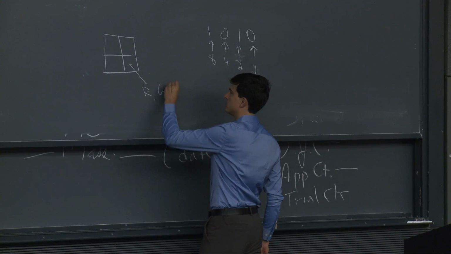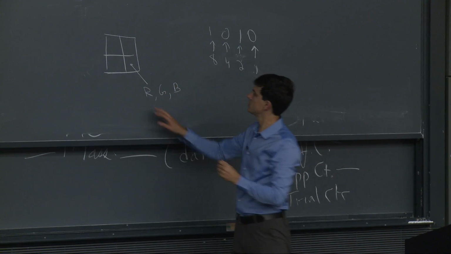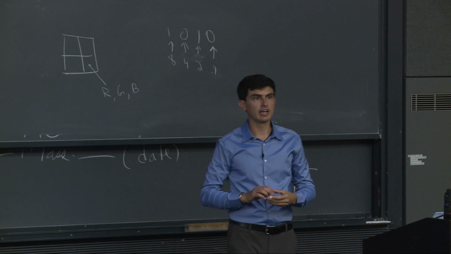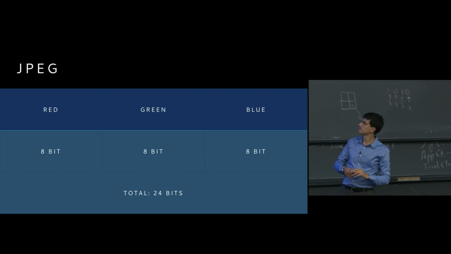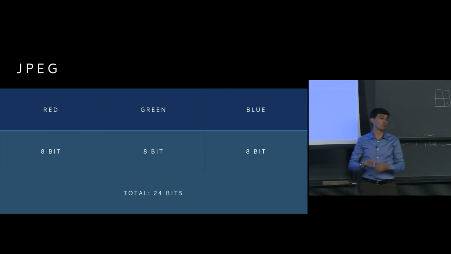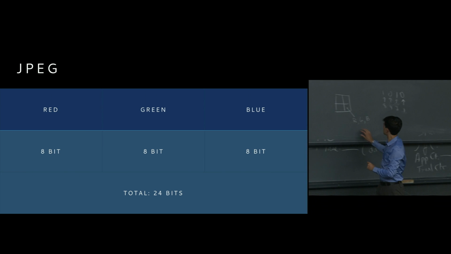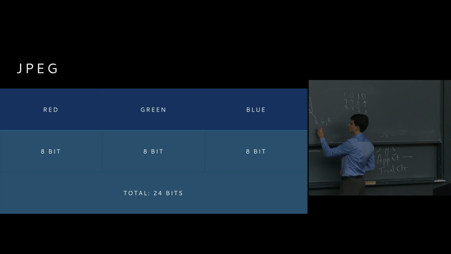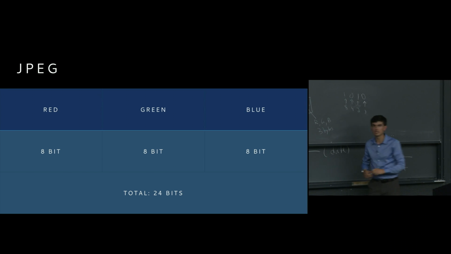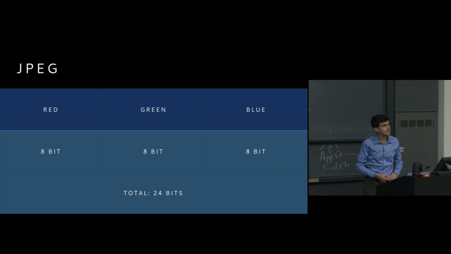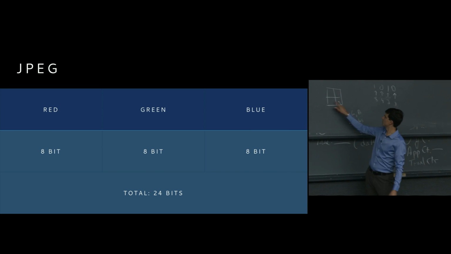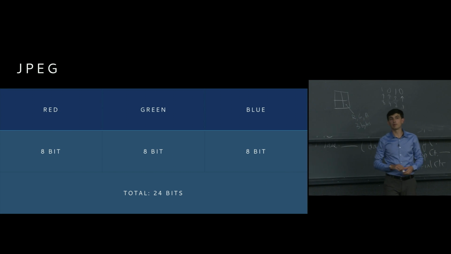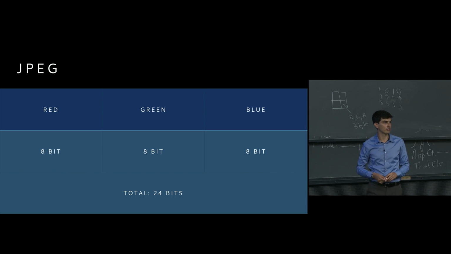And how much does each of these colors have in terms of information? 8 bits, or 1 byte. So the combination for each of these is 3 bytes. This is just like we talked about before, nothing new here. 3 bytes for a single pixel, which means that for our 2 by 2 pixel image, we have 4 times 3, 12 bytes of total storage on our computer.